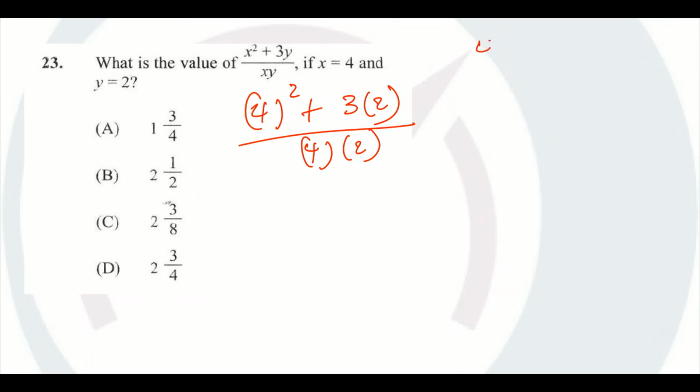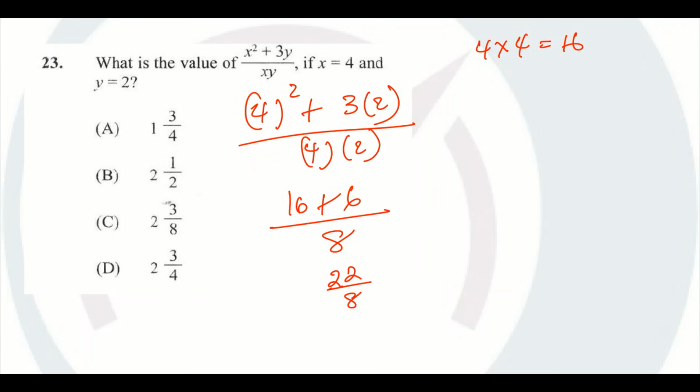So 4 squared is 4 times 4, just for emphasis. And 4 times 4 is 16 plus 2 times 3 is 6 over 4 times 2 is 8. So now we have 16 plus 6, which is 22 over 8.